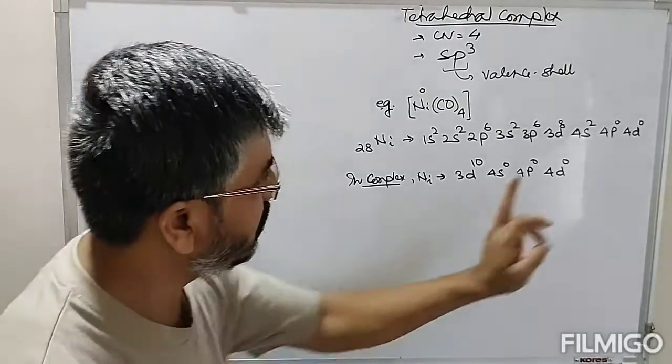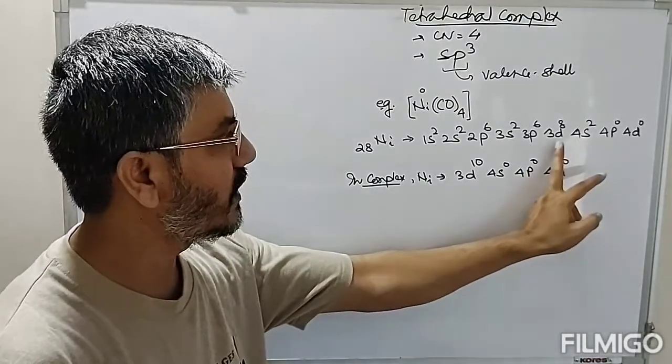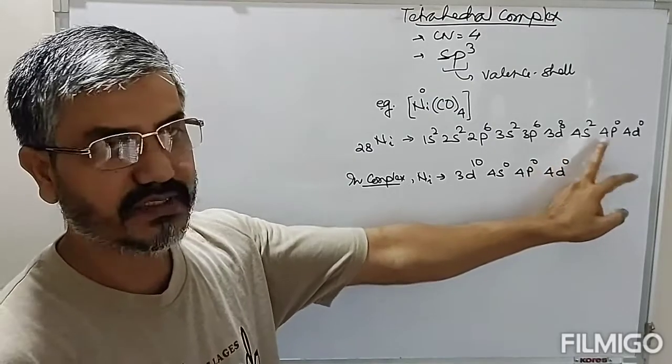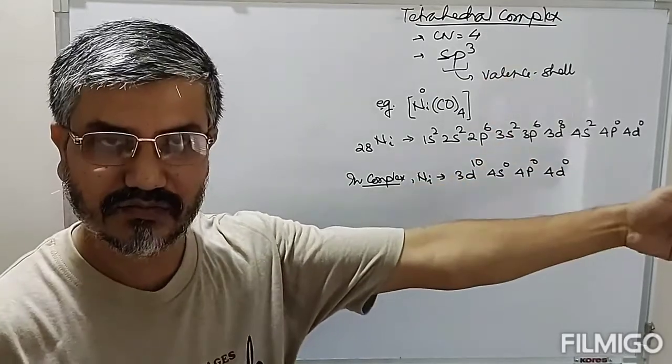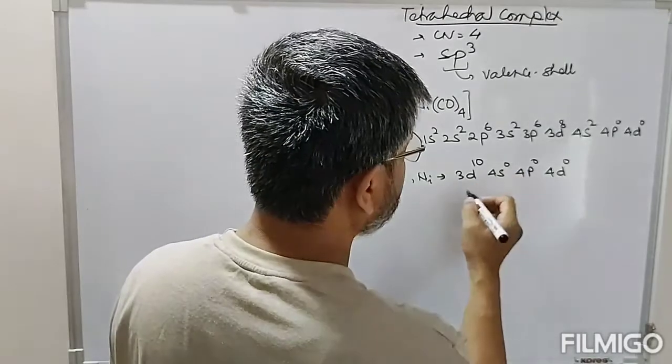So this electron is forcefully transferred from the 4s orbital to the 3d. By doing this, the s and p orbitals in the valence shell are completely freed up, which can be used for hybridization.